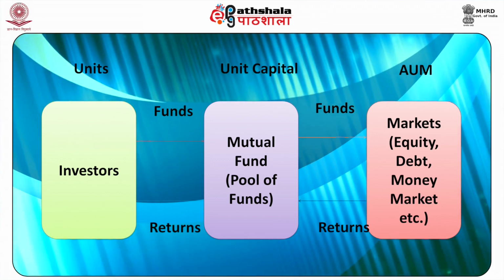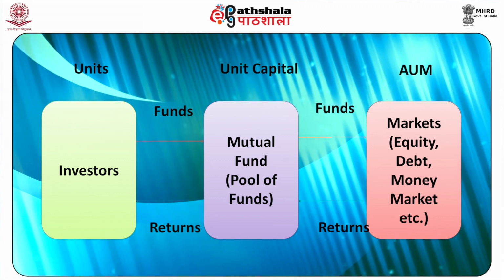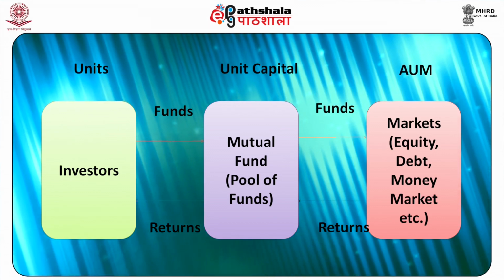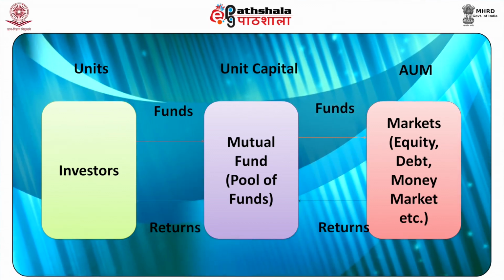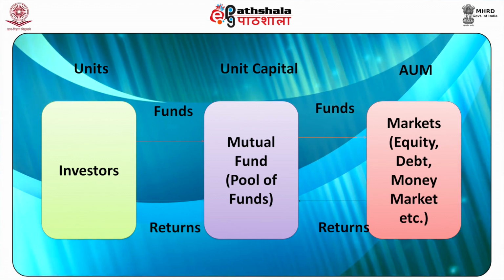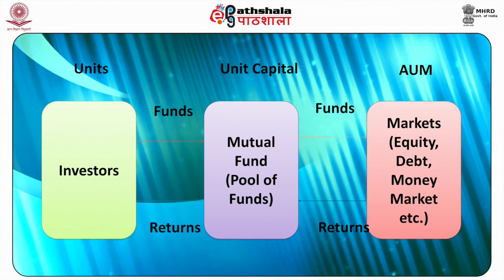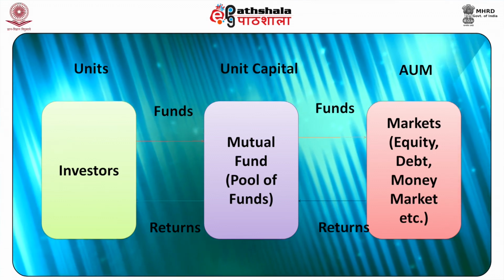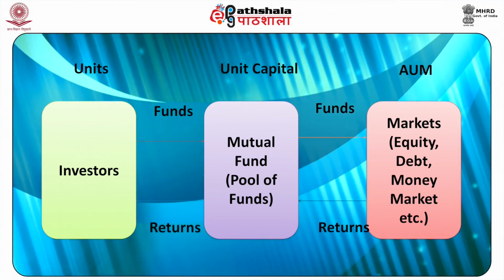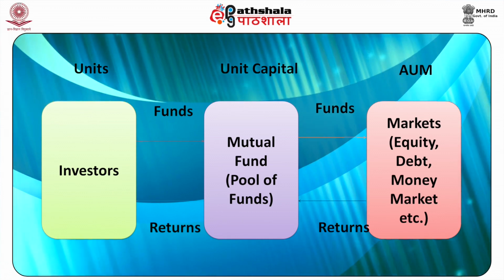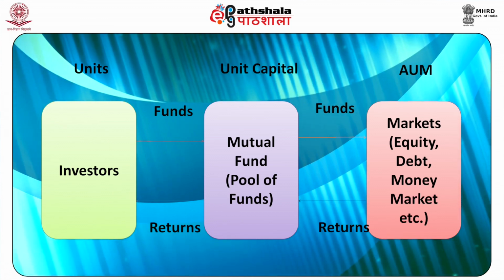The scheme's investment in the market is known as assets under management. That AUM is a measure of the size of the fund, and it fluctuates as per the change in the value of the investments. The returns generated on the investments are proportionately distributed among the unit holders of the scheme in the form of a dividend.